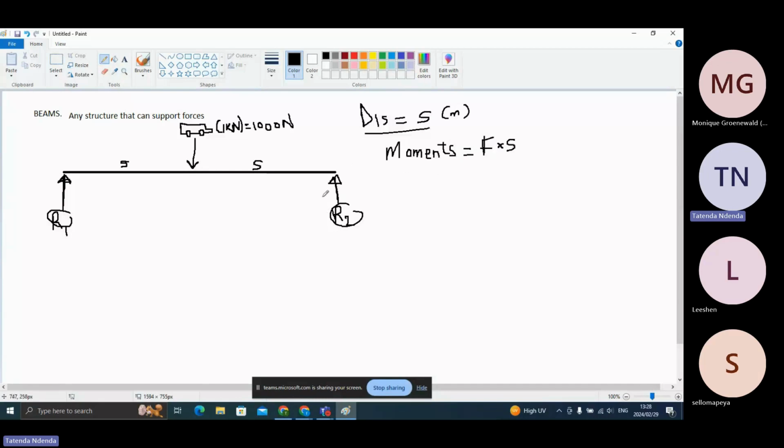When we are talking about a moment of a force, we're saying a moment of a force is the product of the force times the perpendicular distance from its fulcrum. So since a moment of a force is a product of the force times the distance, the force moves from a fixed point.